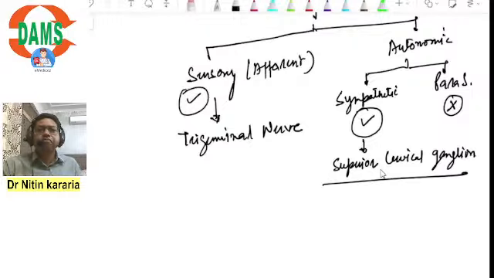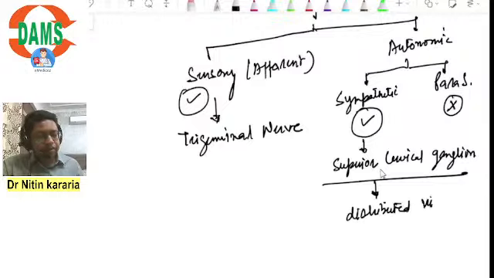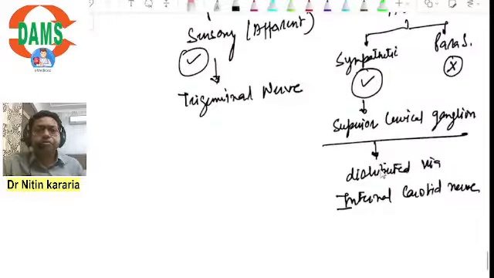They arise from superior cervical ganglion, and they are distributed via internal carotid nerve. So this is about the innervation of dental pulp.